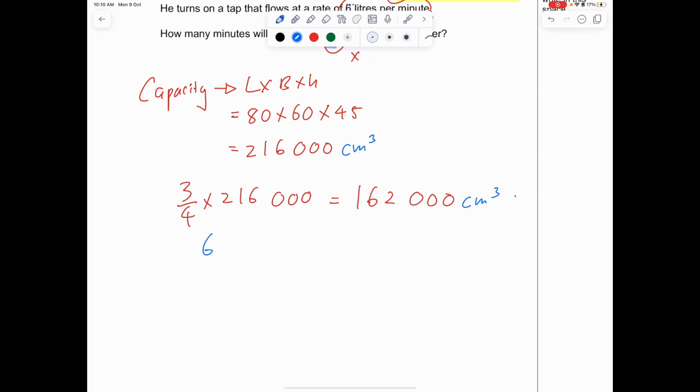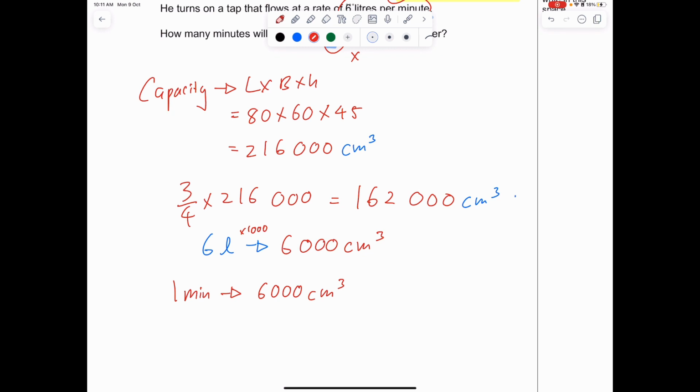You know that 6 liters, when converted to cm cube, is times 1000. Then you will get 6000 cm cube, or ml, they are the same. 1 cm cube equals to 1 ml. So now you know that in 1 minute you can fill 6000 cm cube.